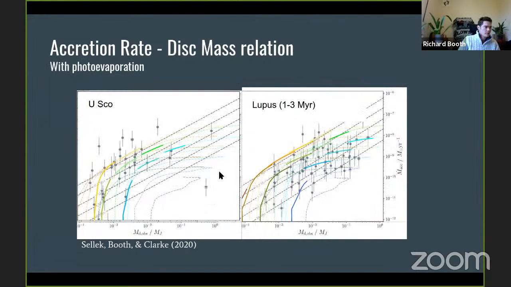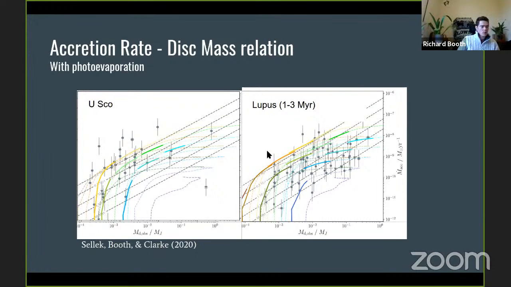You can get around the problem with low accretion rates if you invoke photoevaporation. We think that disks don't evolve just viscously. There might be MHD winds, and there might also be winds driven by high energy radiation. The models we used here were X-ray driven winds or extreme ultraviolet driven winds.